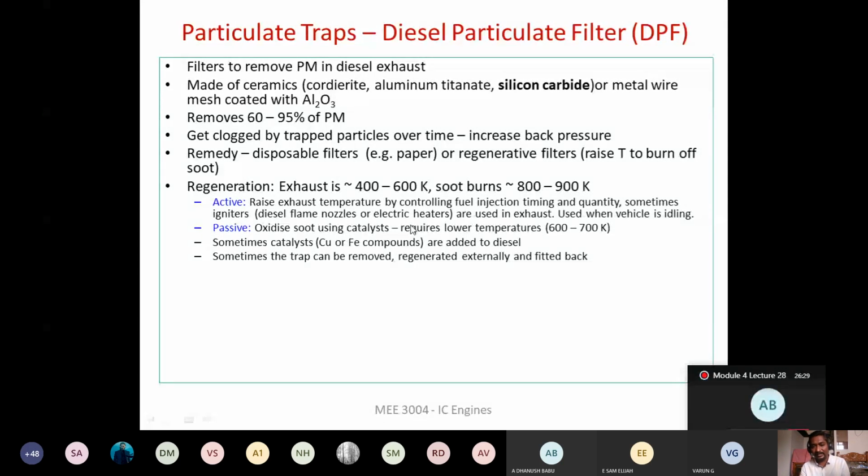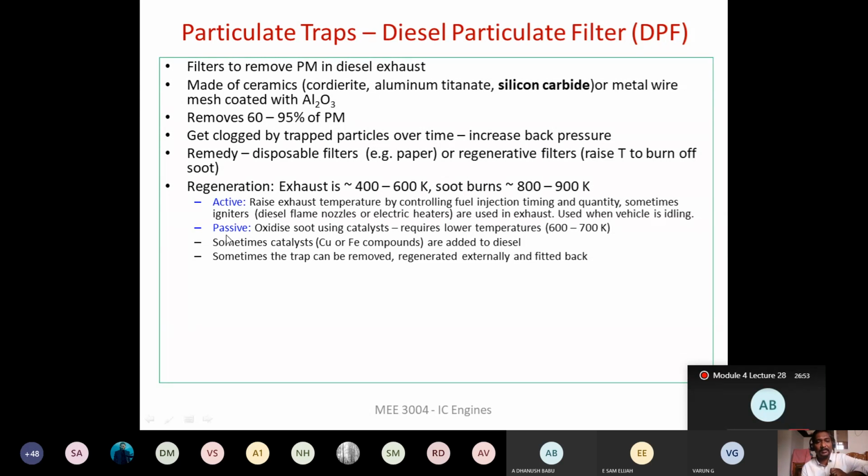Your temperatures are going to be higher, and as the temperature increases, whatever soot is present in the particulate filter is going to get burnt. Okay, and this is done normally when the engine is idling, right? When the engine is idling, we have to supply extra fuel for burning the soot that is deposited in the filter.